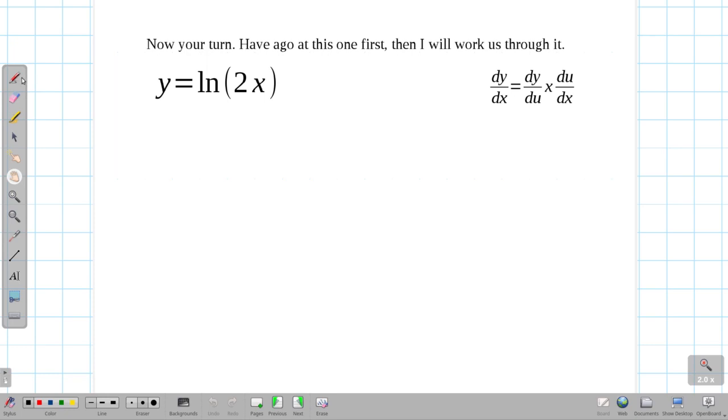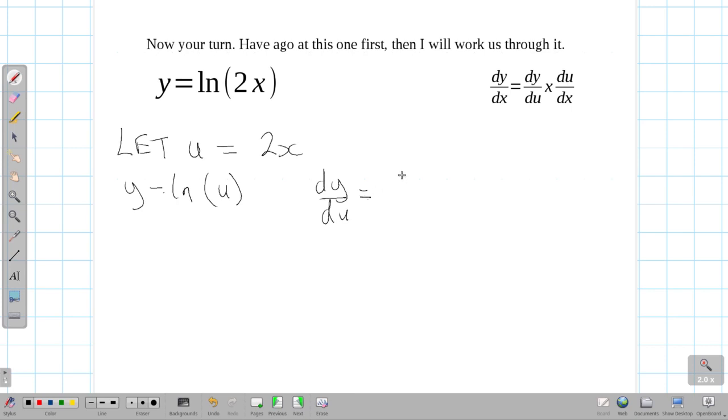Okay, so I'll just turn the pen on, we're going to let u equal, again, the stuff inside the bracket, the inner function, so that's 2x. That now means that y now equals natural log of u. So if I do my derivatives, dy du equals, and if you remember, the derivative of log of x, or the log of u, is 1 over x, or u.